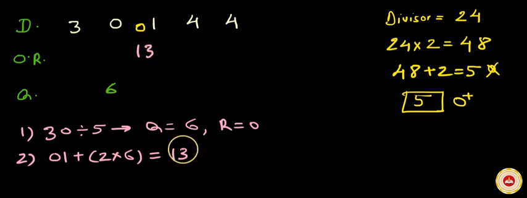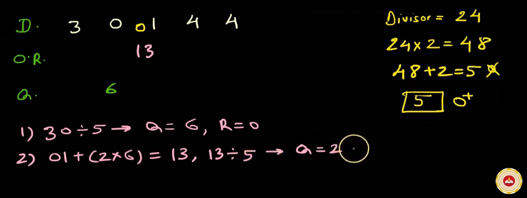Now divide this osculation number by osculator 5. 13 divided by 5 gives us quotient 2. 5 2s are 10. 13 minus 10, remainder is 3.